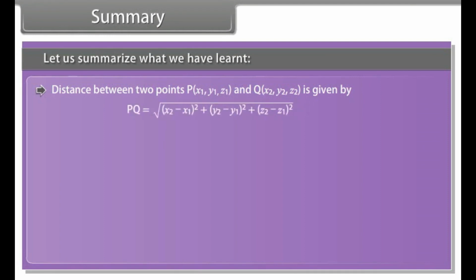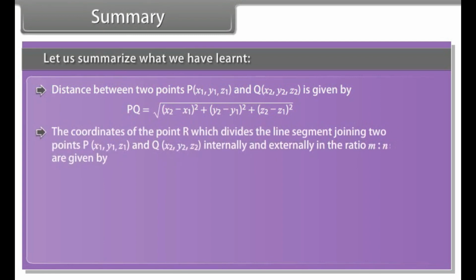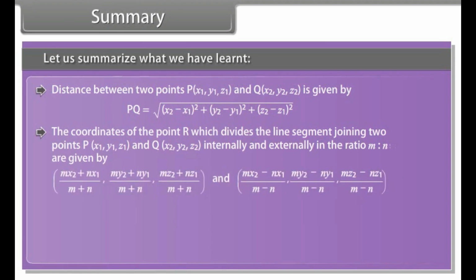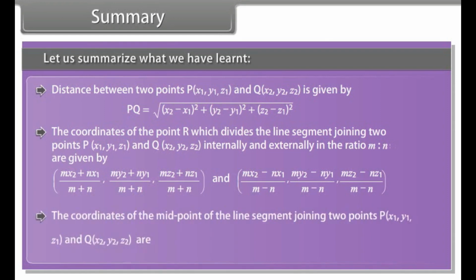The coordinates of the point which divides the line segment joining two points P (x1, y1, z1) and Q (x2, y2, z2) internally and externally in the ratio m:n are given by formulas, and the coordinates of the midpoint of the line segment joining two points P (x1, y1, z1) and Q (x2, y2, z2) are given as well.